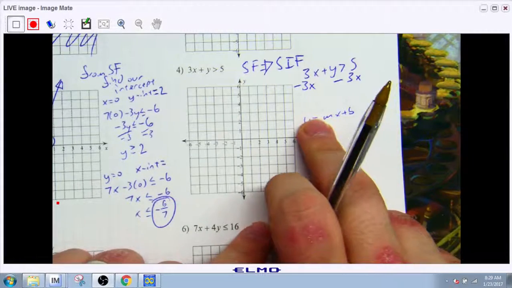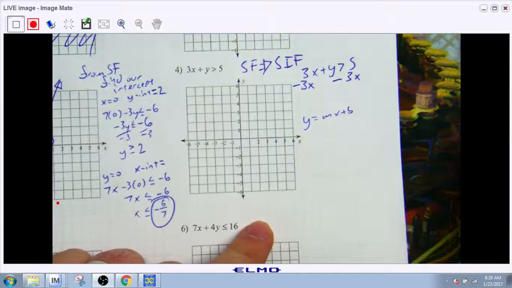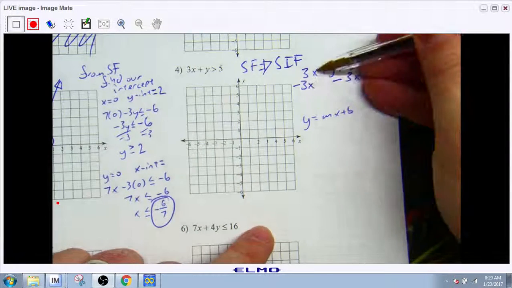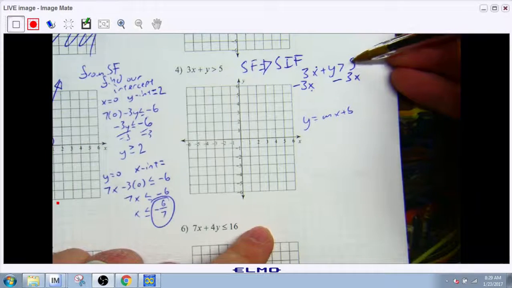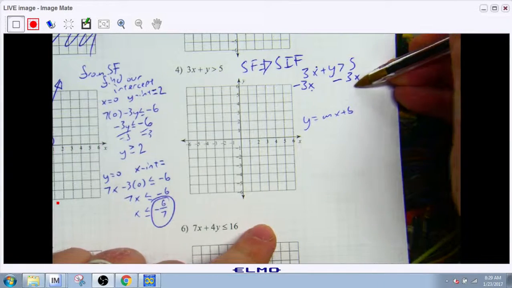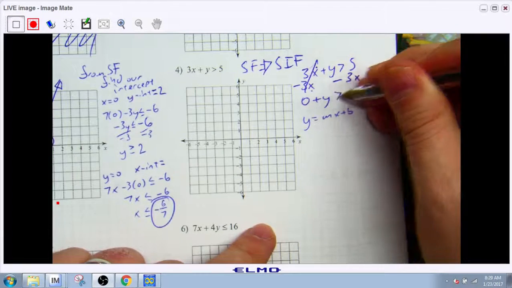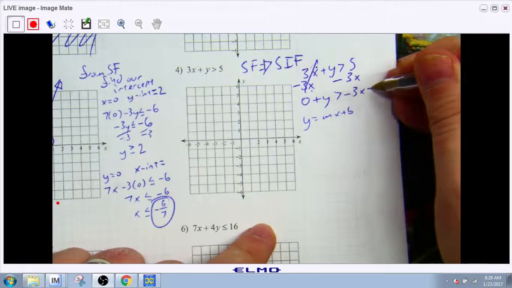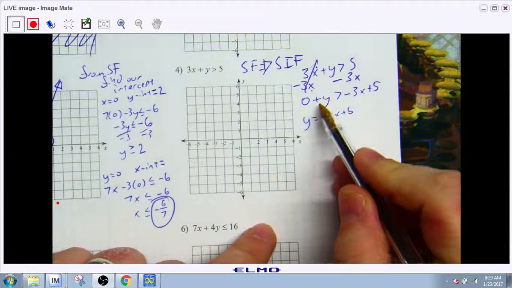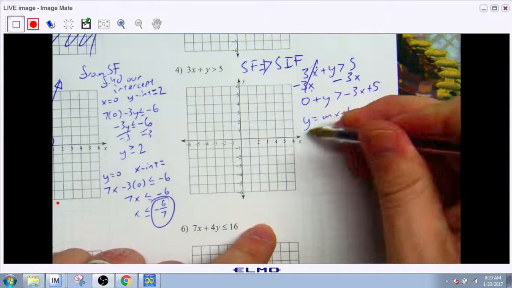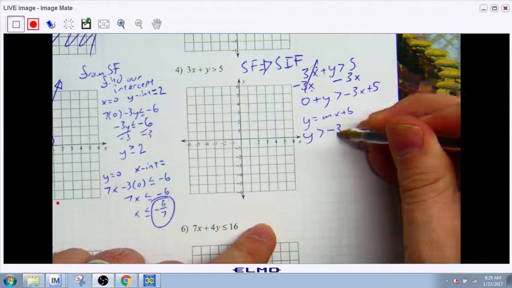I've seen far too many students just take the 3x and just write 3x on the other side of the equation. That's not how this works. We're subtracting it from the left, therefore we subtract it from the right. So this becomes 0 plus y is greater than negative 3x plus 5. Thus, 0 plus anything, we can ignore that, so y is greater than negative 3x plus 5.